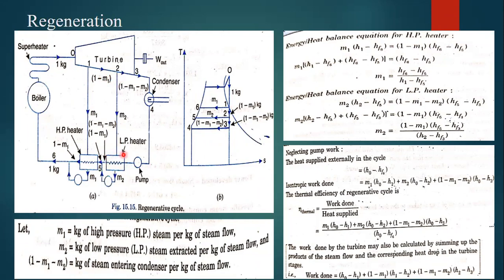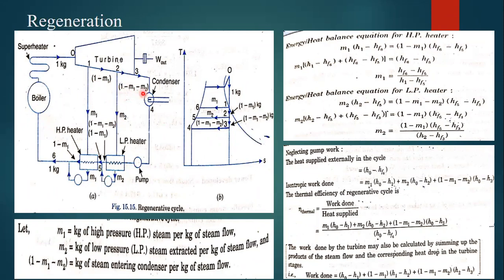Again, to raise the temperature of the liquid within this low pressure heater, we extract M2 kg of steam, to utilize for the low pressure heater. How much steam is left now? Here we had only 1 minus m1, and within that I have extracted m2 kg of steam.